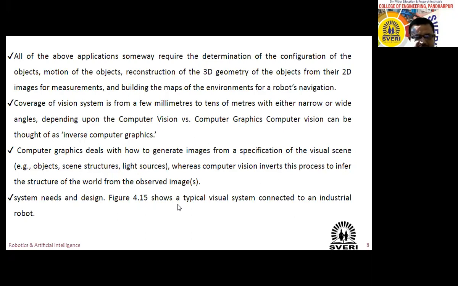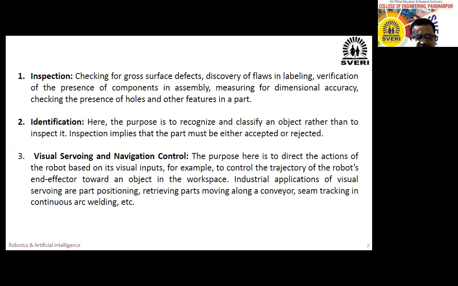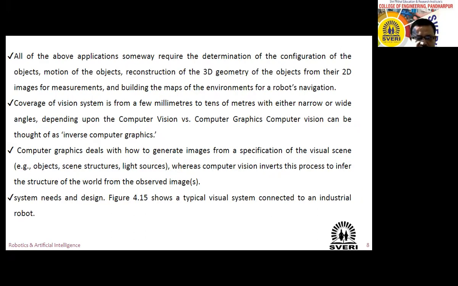All the above applications, that is inspection, identification, and visual surveying and navigational control, in some way require the determination of the configuration of the objects, motion of the objects, reconstruction of the 3D geometry of the objects from their 2D images for measurements, and building maps of the environments for a robot's navigation.